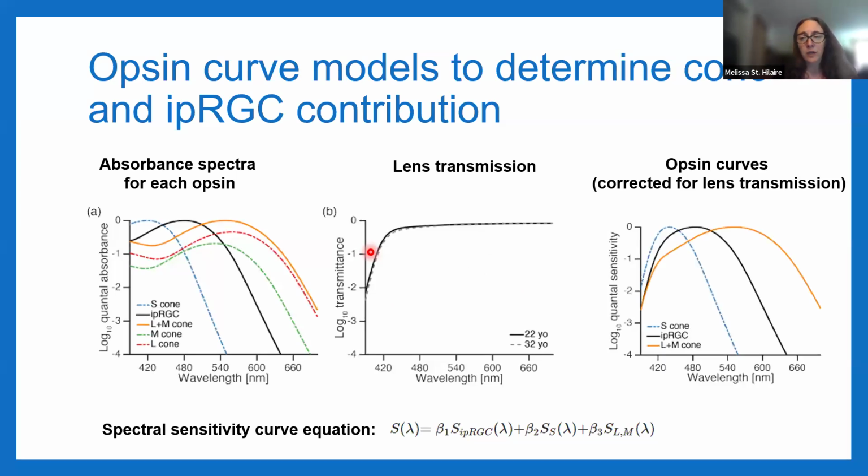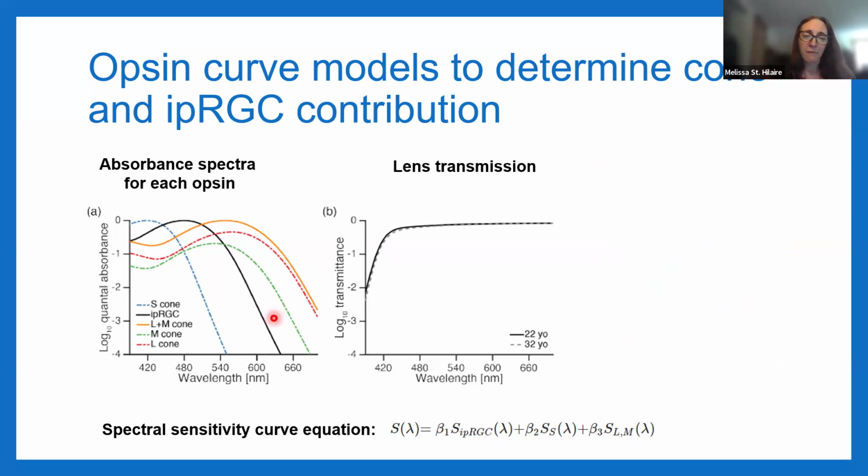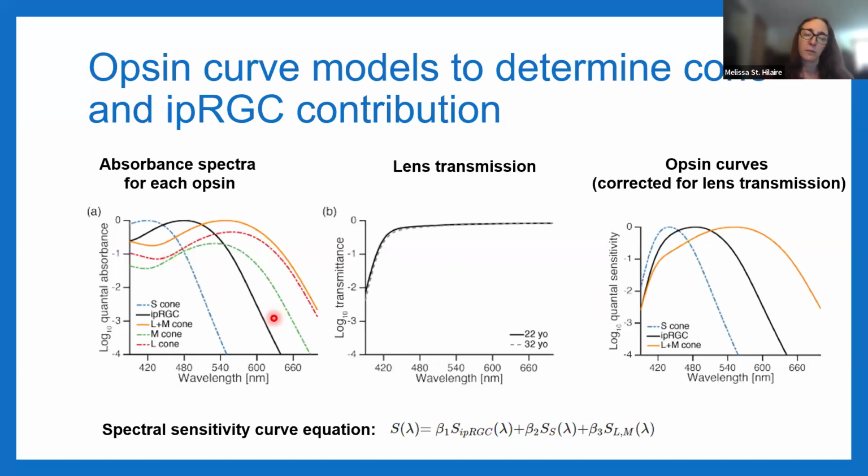And so the opsin curves corrected for lens transmission that we ended up with, we had one for S-cone, we had one for IPRGC or melanopsin response, and then we actually combined the L plus M cone based on some previous research. And partly because we only have 5 data points, we wanted to make sure that we had enough degrees of freedom to be able to compute these different fits.